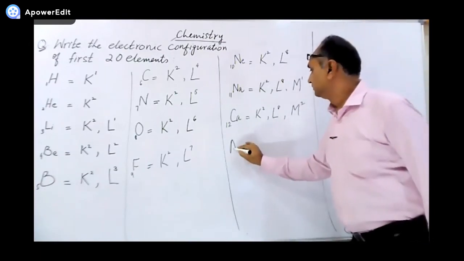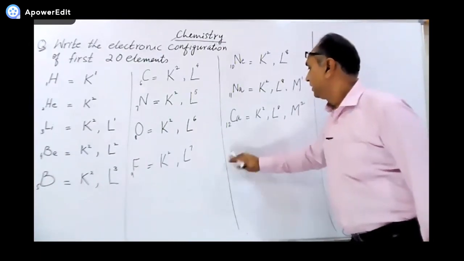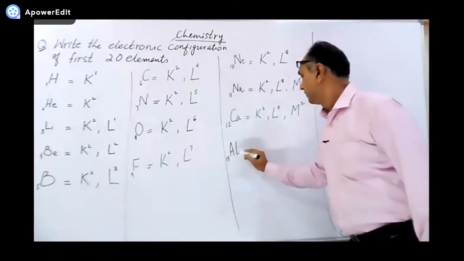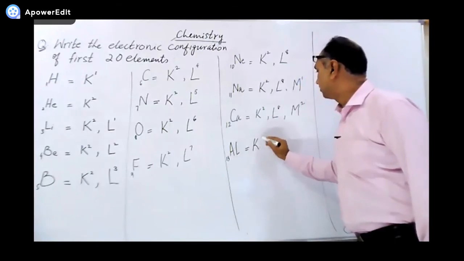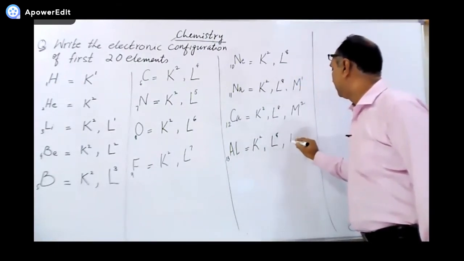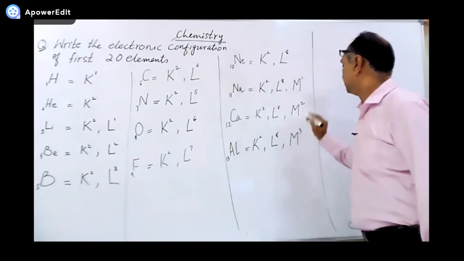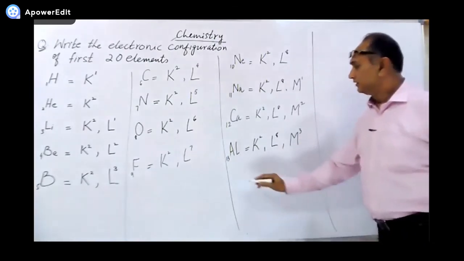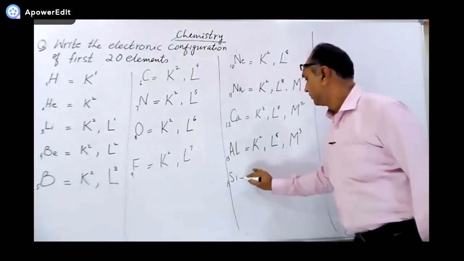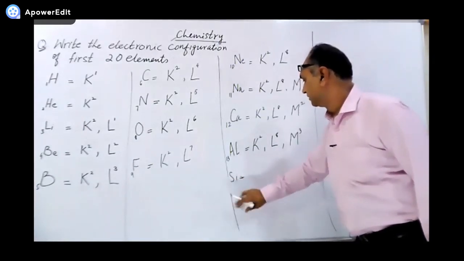Then aluminum. K will hold 2 electrons. L will hold 8 electrons and 3 will go in the third shell. Then silicon, 14.